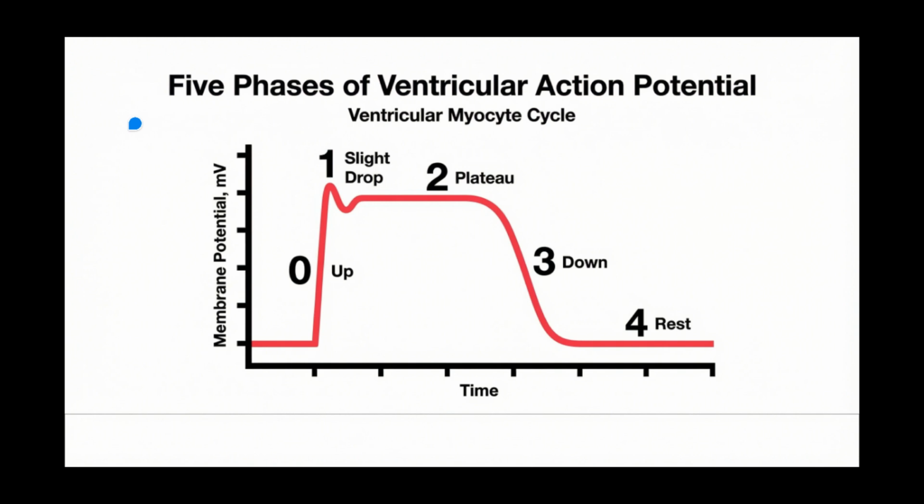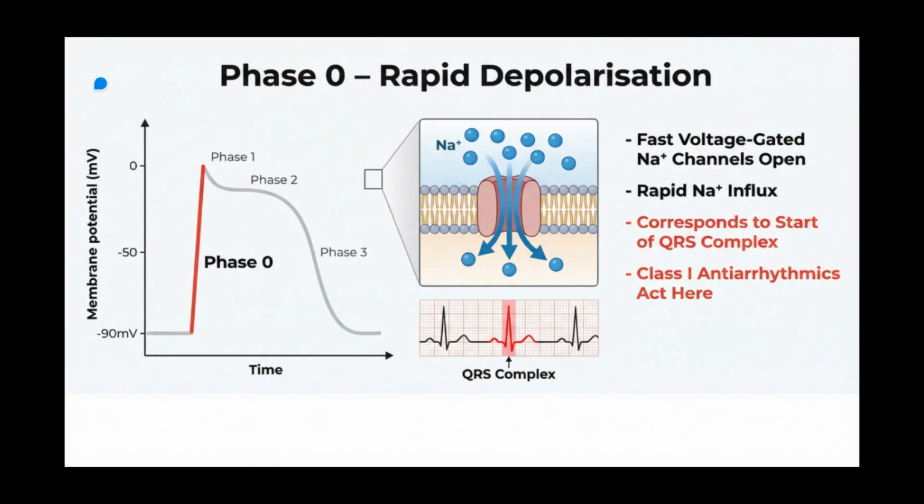Then it slopes downward, and finally it returns to a flat resting level. So the sequence is a sharp rise, a slight drop, a flat plateau, a downward fall, and then a stable resting line. If you keep this simple shape in mind, rise, dip, plateau, fall, rest, the 5 phases become easy to remember.